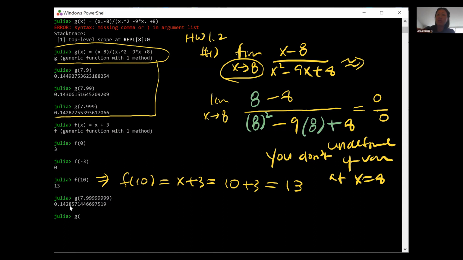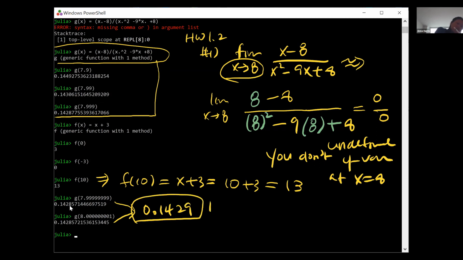G of 8.000001, a very small number. So it's approaching this number. According to this, the number is approaching 0.1429. That's the limit. I will talk more about it tomorrow.